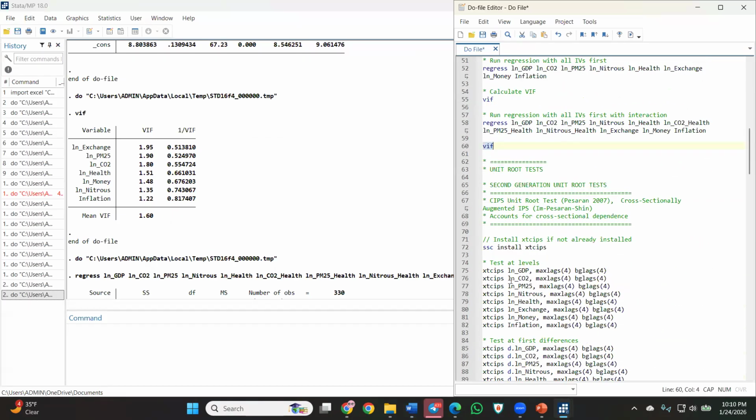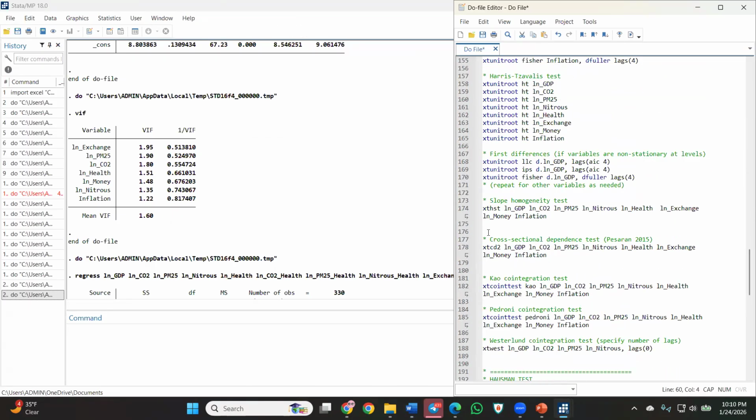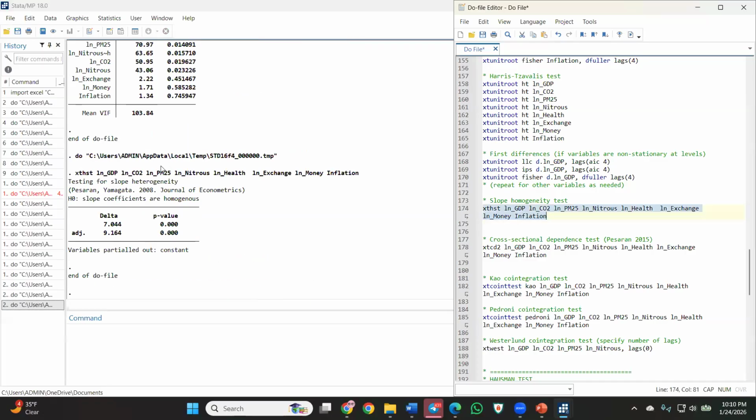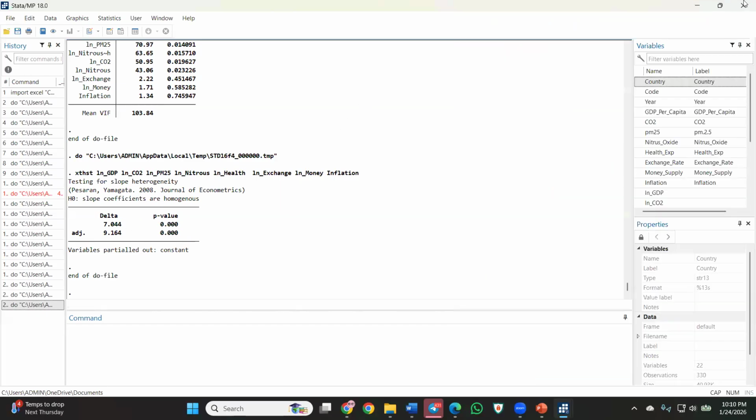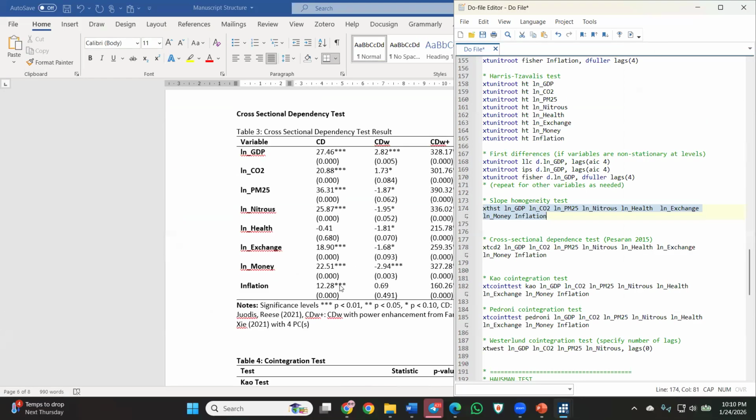The null hypothesis says the slope coefficients are homogeneous. And if it is significant, we reject the null hypothesis, saying that the slope coefficients are heterogeneous. We also interpreted what it means to have heterogeneous slope.